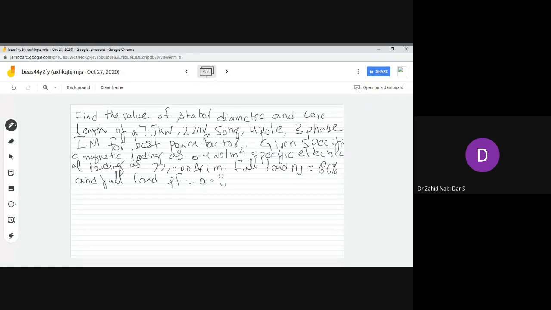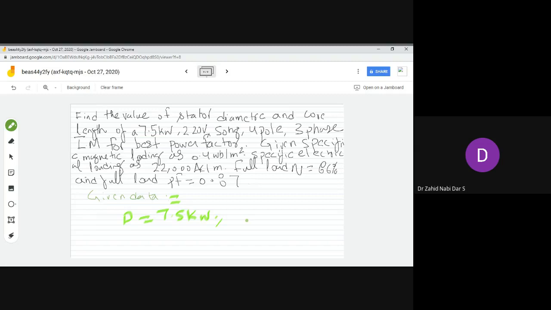Okay, so very simple question. Only you have to give the value of stator diameter and core length, that is D and L value. So what is the given data over here? You have P is equal to 7.5 kW.